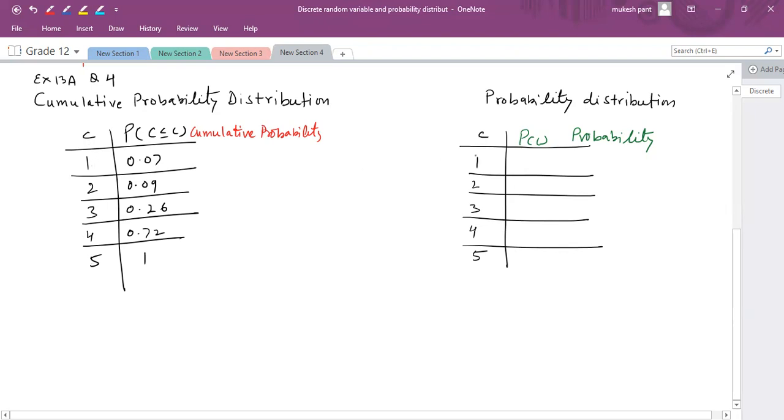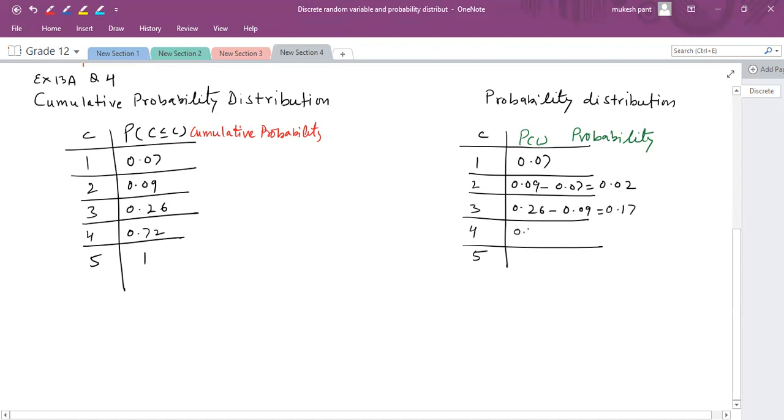The first value in the cumulative probability and the probability will be the same, that is 0.07. But from the second onward, it starts to change. The second will be 0.09 minus 0.07, which is 0.02. Then the third is 0.26 minus 0.09, which is 0.17.